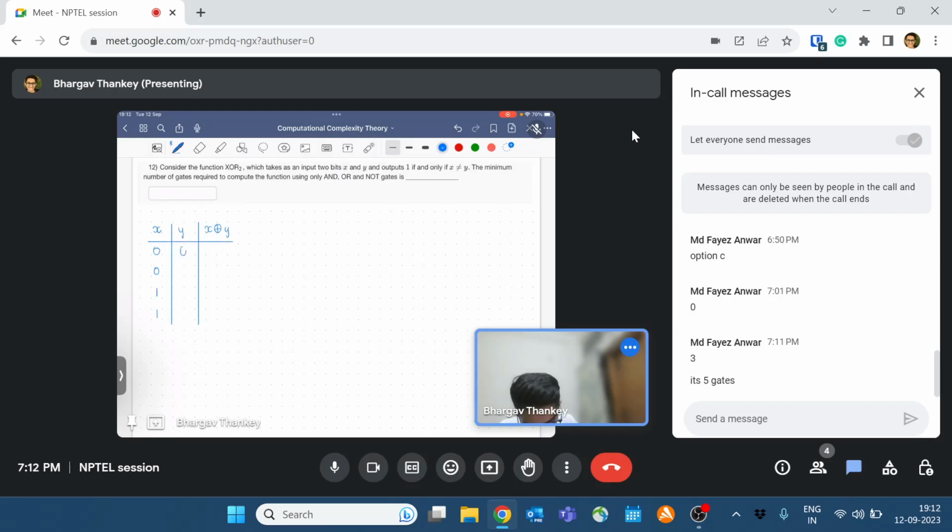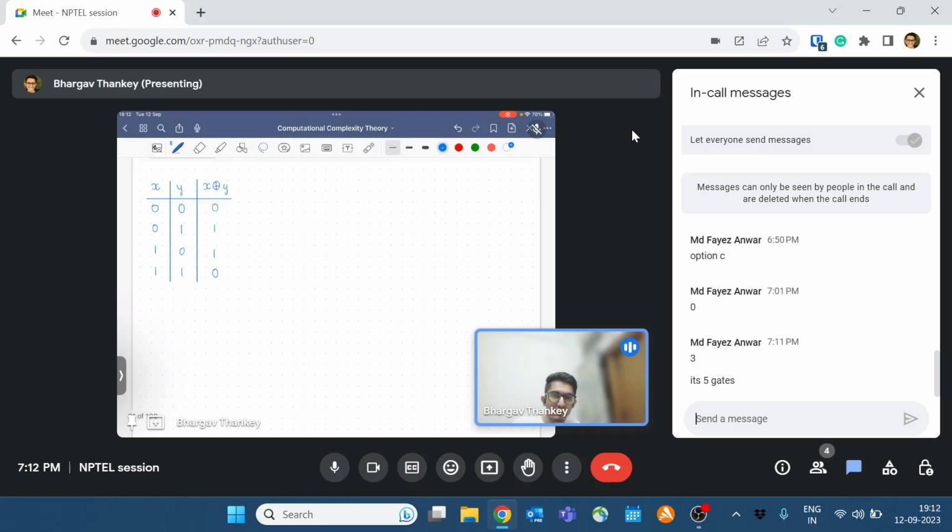Yeah, so this is the truth table: 0, 1, 1, 0. Okay. So 5 gates is true. You can compute this using 5 gates, but is that the minimum possible? That's the question.